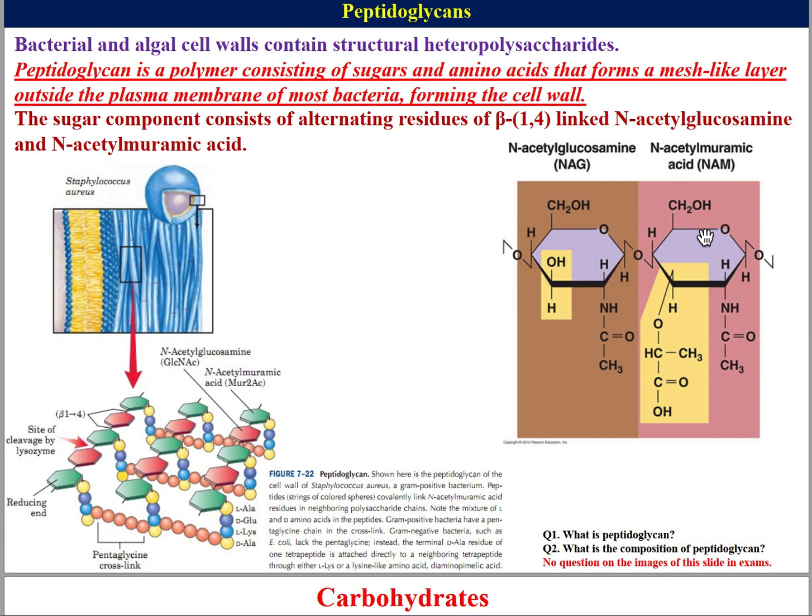After writing N-acetylglucosamine, at position 3 the hydroxyl group is replaced by a lactyl group. So these are two different monosaccharide units combined to produce a heteropolysaccharide. Look here: this is the N-acetylglucosamine, this is the N-acetylmuramic acid, and these are pentaglycine cross-links. That means these are peptide structures.